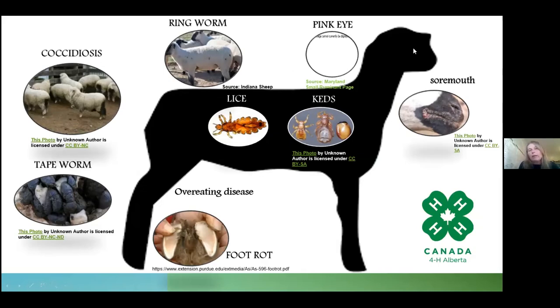Keratoconjunctivitis or pink eye, an infection of the eye, we can get ringworm lesions, we can have lice, we can have KED infections, we can have odor eating disease, we can have foot rot, we can have tapeworm infections, and coccidiosis. So this is a collection of diseases caused by organisms that can infect our market lambs.